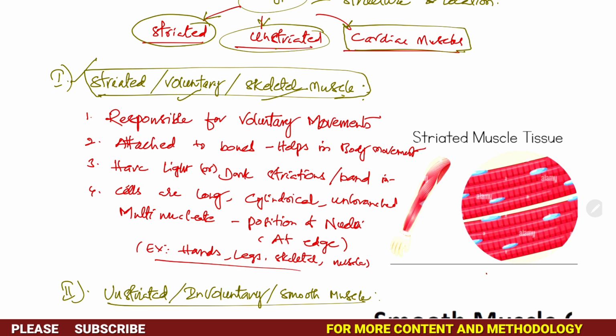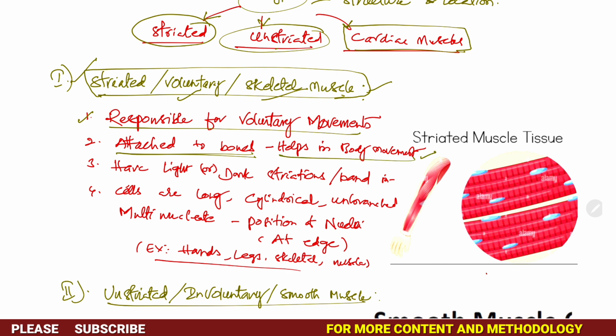Striated muscle is responsible for voluntary movement in our body. We can move some muscles by our conscious will, and such muscles are called voluntary muscles, just like our hands and legs. Whatever muscles move by our will consist of voluntary or skeletal muscle. These muscles are attached to bones and help in body movement.